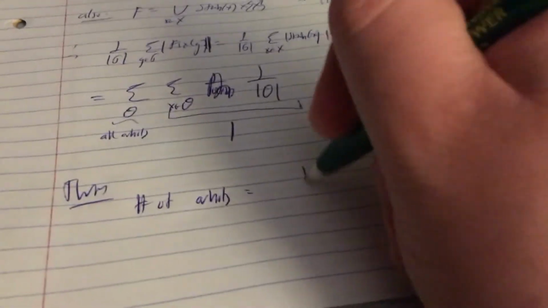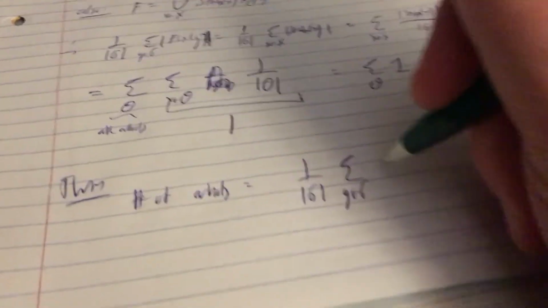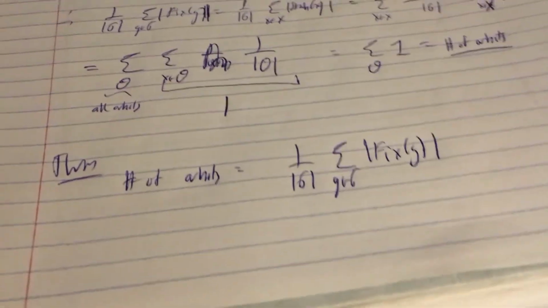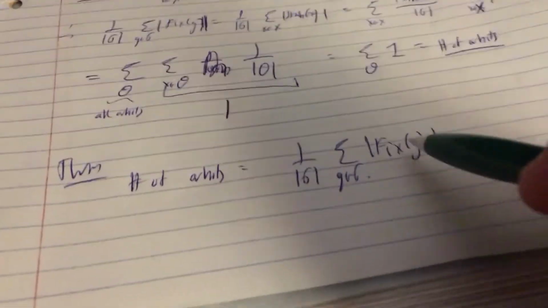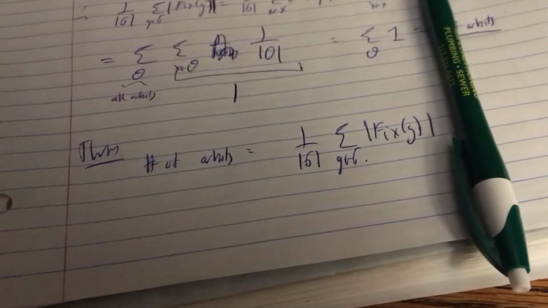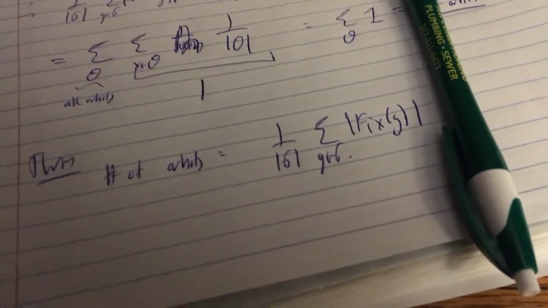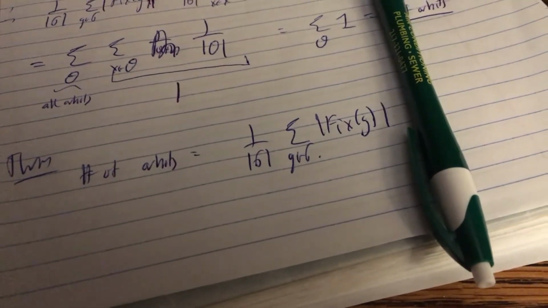So the theorem reads that the number of orbits is exactly 1 over |G| times the sum over g in G of |Fix(g)|. So this turns out to be an integer, and that's a miracle that we'll exploit many times. It looks like it might not be an integer, but it certainly is.